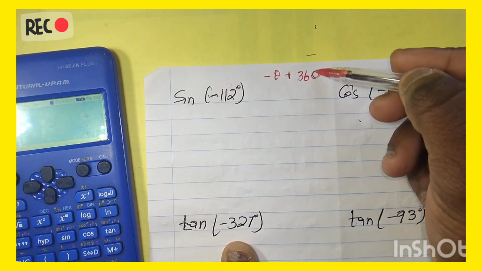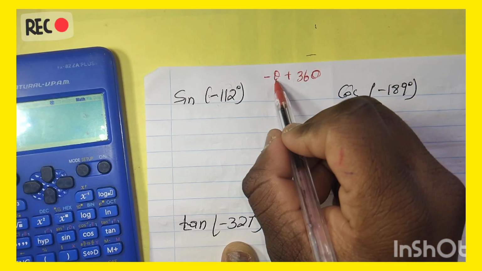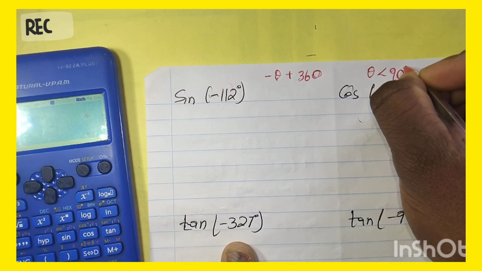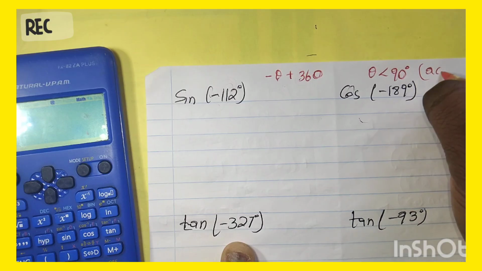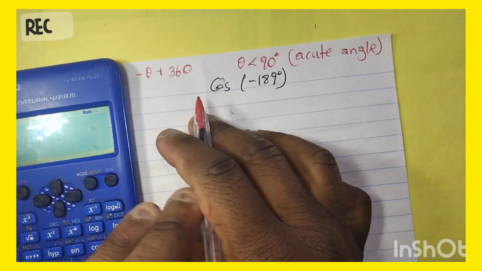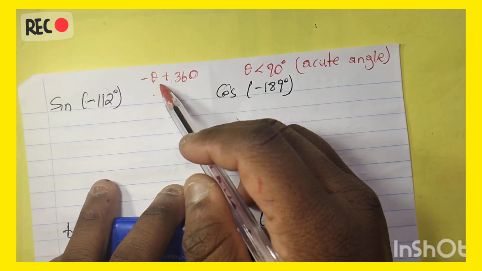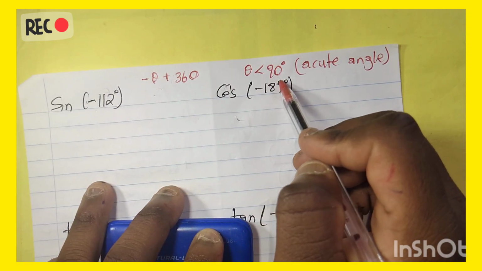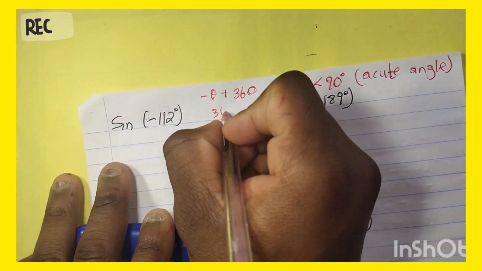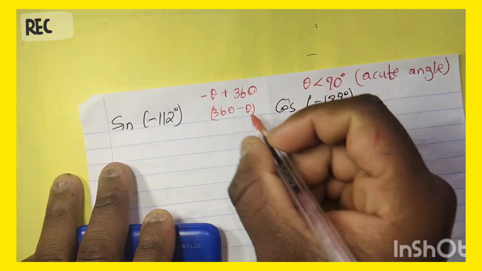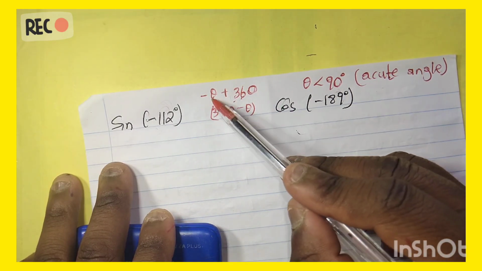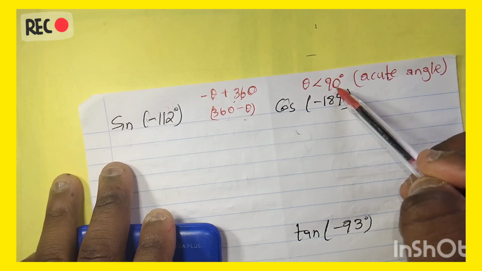And if our theta is less than 90 degrees, meaning it is an acute angle, you can even rearrange this in this order. Here you add 360, then you rearrange in this order, only if that theta is less than 90 degrees.